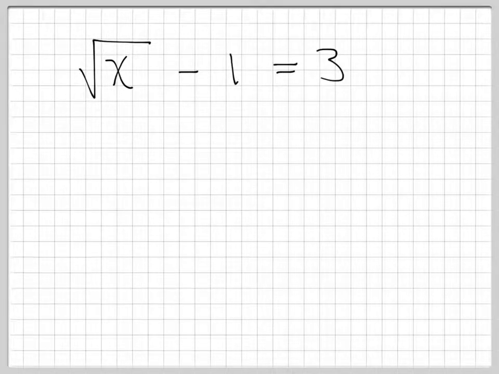So what happens if it's more complicated, like the square root of x minus 1 equals 3? How do we know the correct order to do things? Well, here, look at your x, and look at the thing happening closest to x.